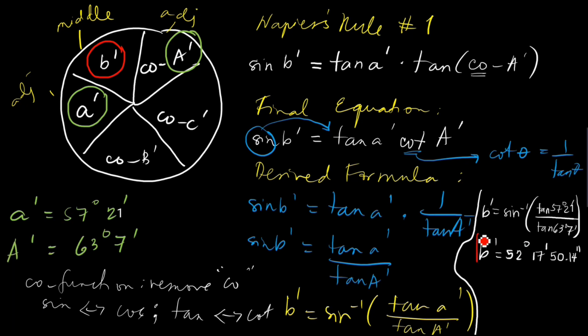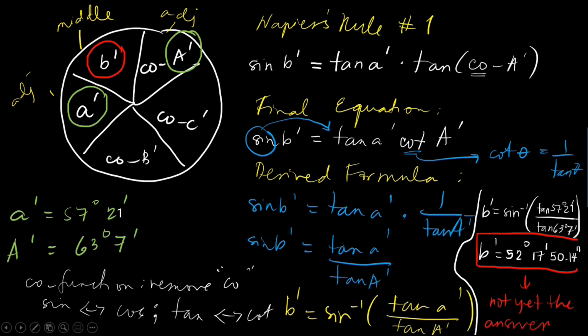Okay, this B prime is not yet the answer. Because remember, what we need are the parts of the quadrantal spherical triangle, and the parts of the quadrantal spherical triangle do not have primes.